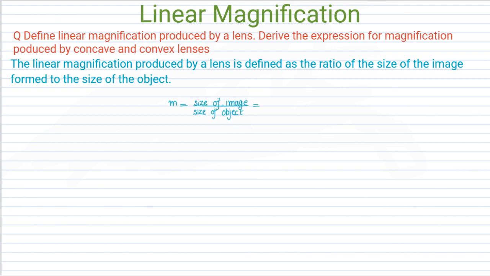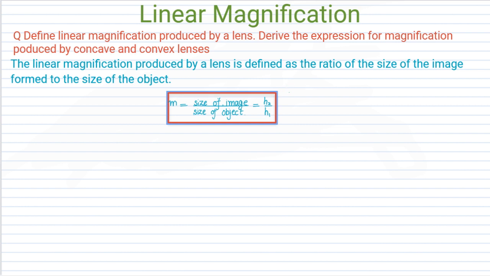The size of image is denoted by h2, and the size of object is denoted by h1. So linear magnification can be written as small m equals h2 upon h1, right? So this is your formula for linear magnification.